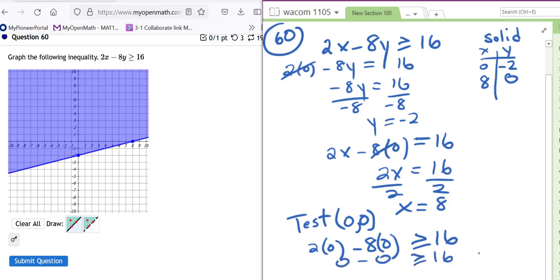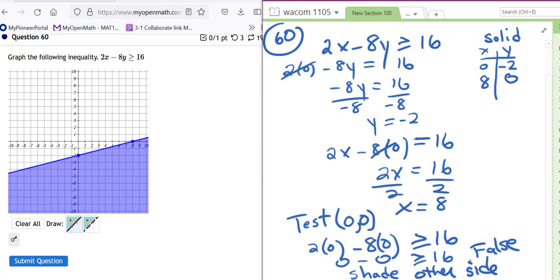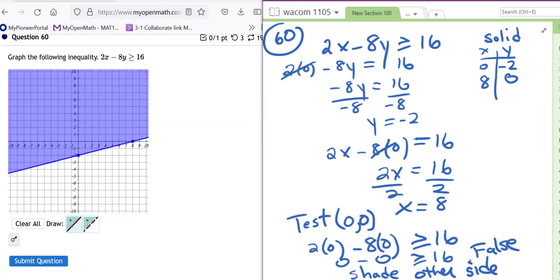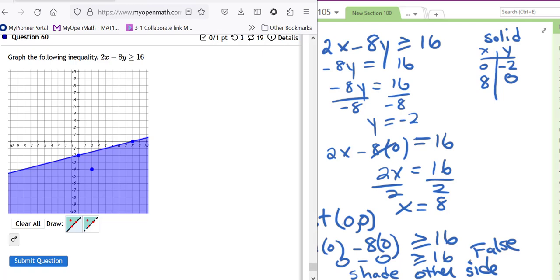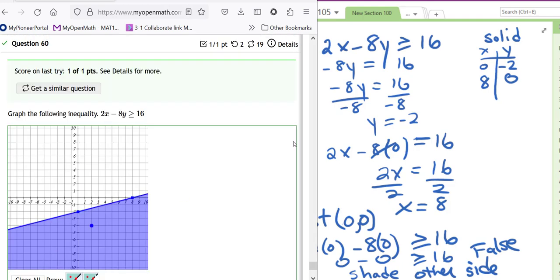This is not greater than 16. So you don't want the side with this test point. You want to shade the other side. And so you're going to go to, here is 0, 0, so you don't want that side. Any point on this side you're going to click, and if you tested that point, it would make it true. And there you go.